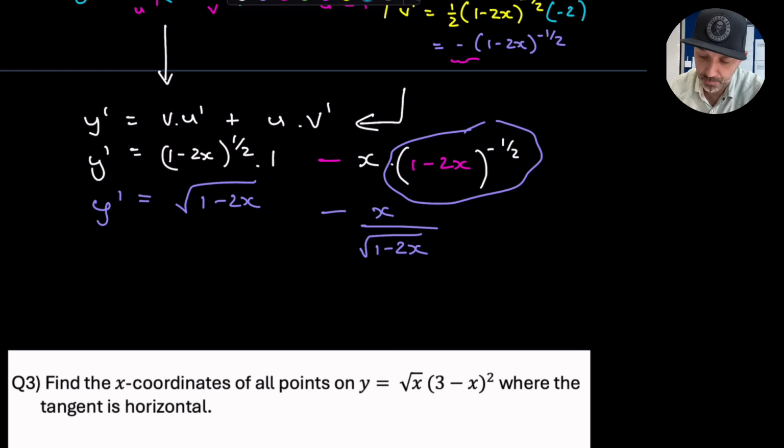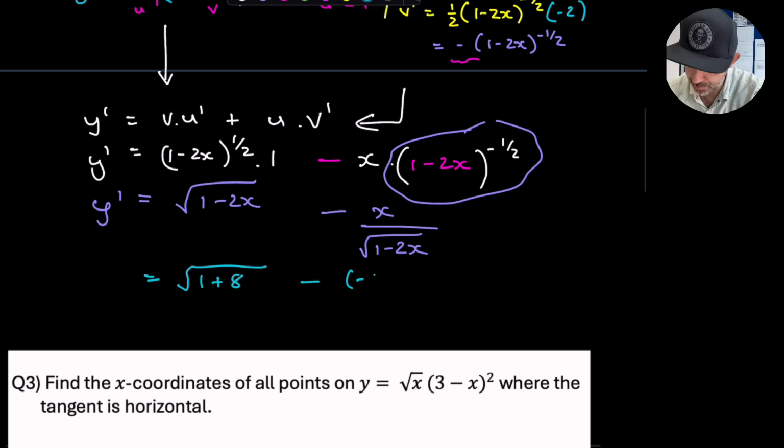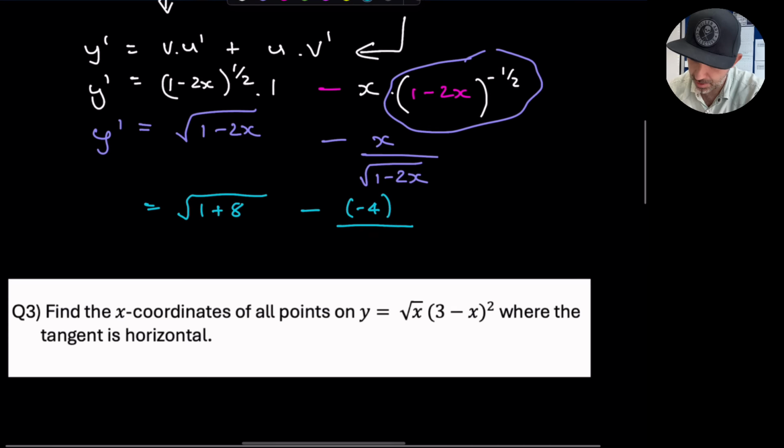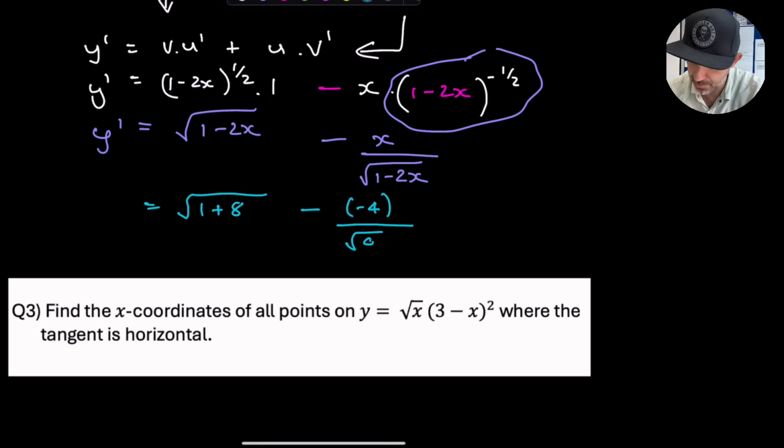Now you can see a little bit more clearly what's going to happen when I substitute minus 4 into this. So it will be root of 1 minus, now 2 times minus 4 is minus 8, so it'll actually be plus 8, minus, and then we're putting minus 4 in for x, so I'll put that in brackets for the time being, over exactly the same thing here, root 9 again.